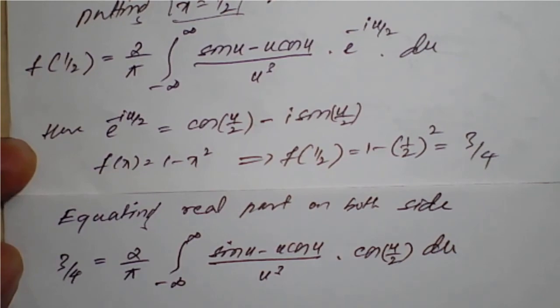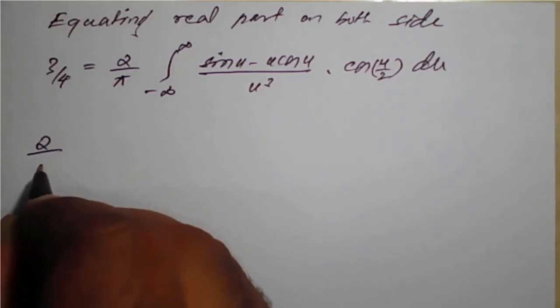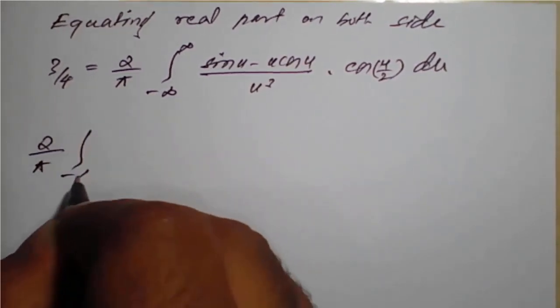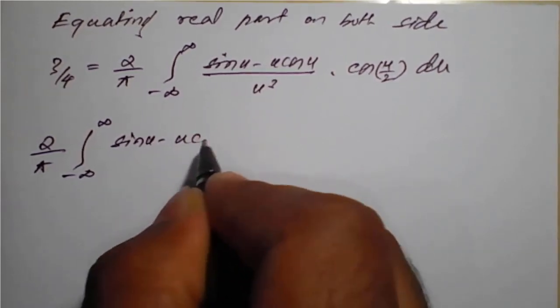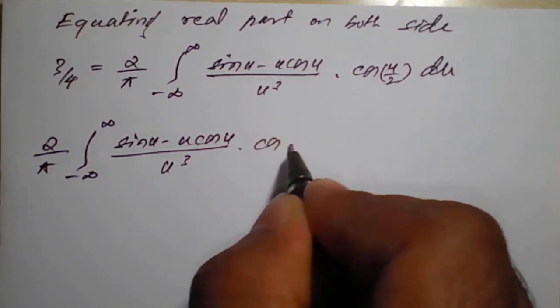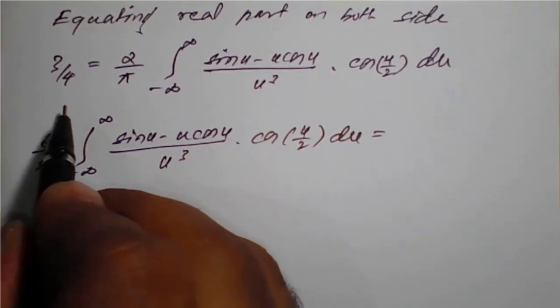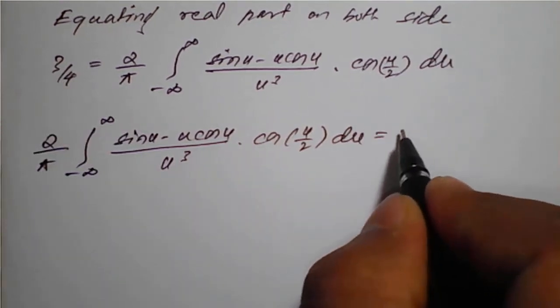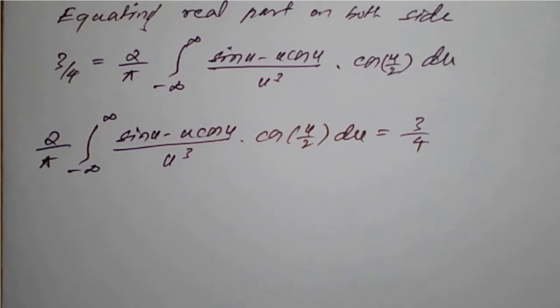So therefore, I will write the right hand side first, that is 2 upon pi integration minus infinity to plus infinity sine of u minus u cos u divided by u cube into cos of u by 2 into du is equal to, so here this 3 by 4 I'm writing on the right hand side. I just interchanged the left hand side and right hand side.